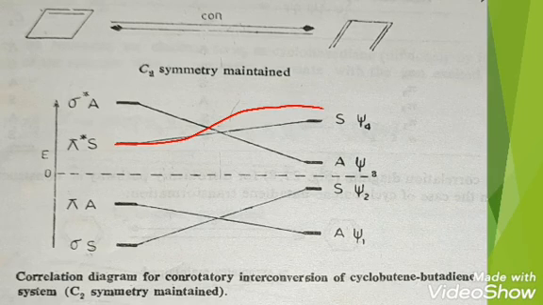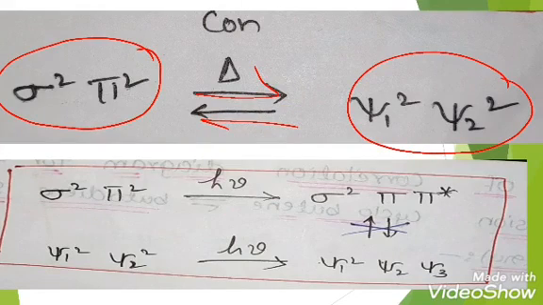Similarly, the first excited state of butadiene correlates with a high energy upper excited state of cyclobutene. Hence, a photochemical conrotatory process in either direction is symmetry forbidden.